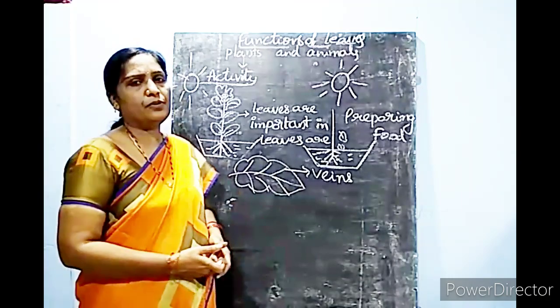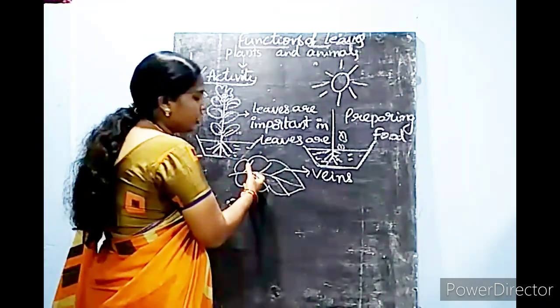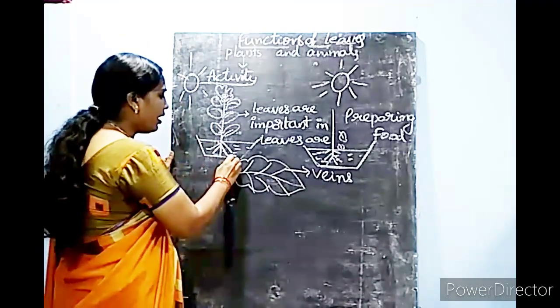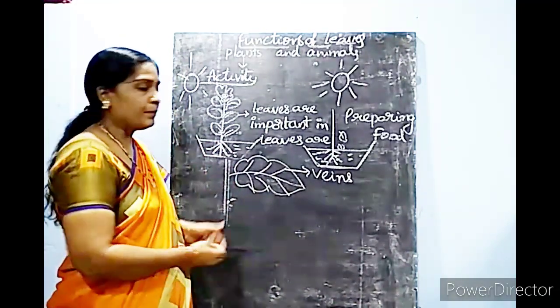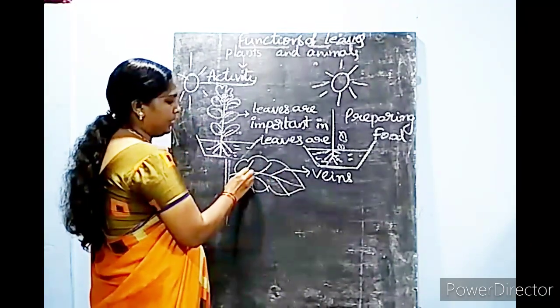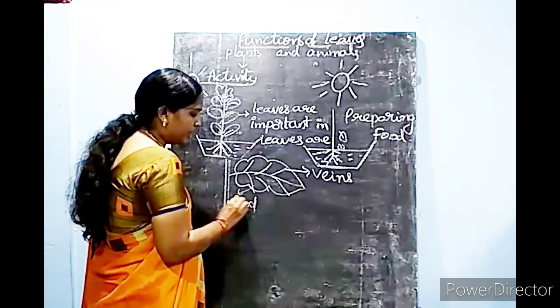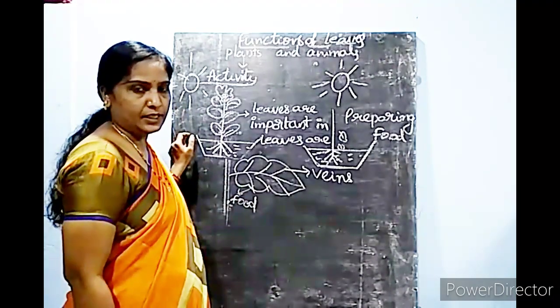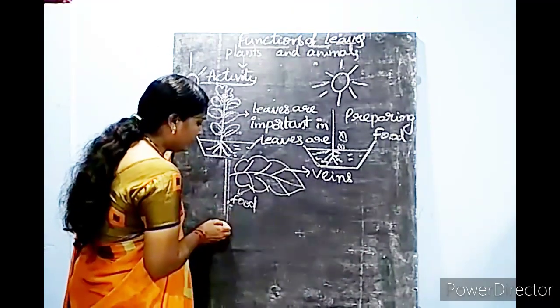So the prepared food is not only for the leaf, right? It needs to be distributed to all other parts of the plant like stem, roots and everything. So these veins are helping to transport, to pass the food from leaves to the different parts. At the same time, they are also helping to absorb.